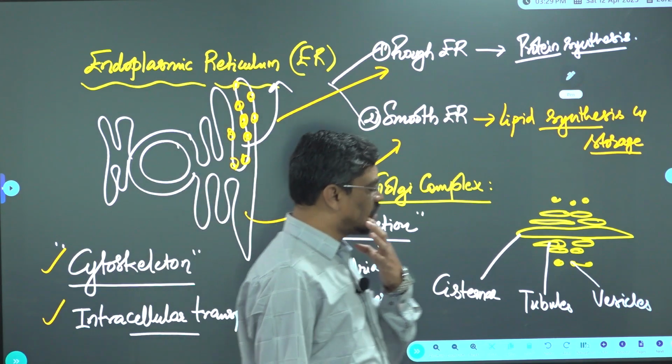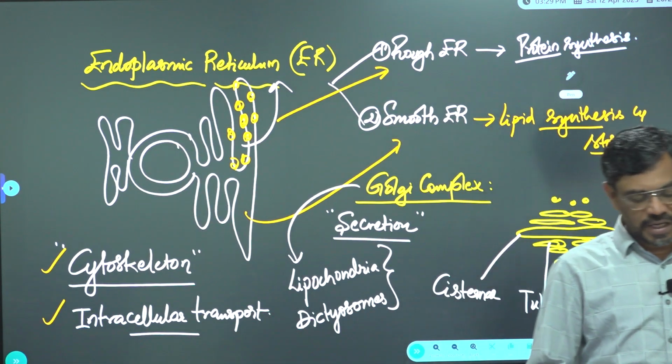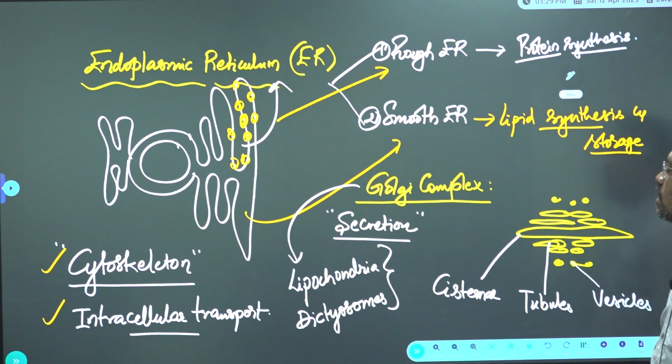These were discovered by a scientist called Camillo Golgi. That's why they are named Golgi complex. The main function of this Golgi complex is secretion.